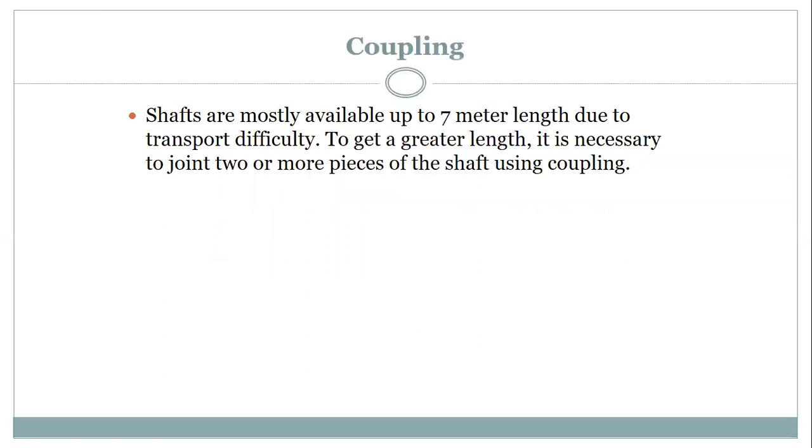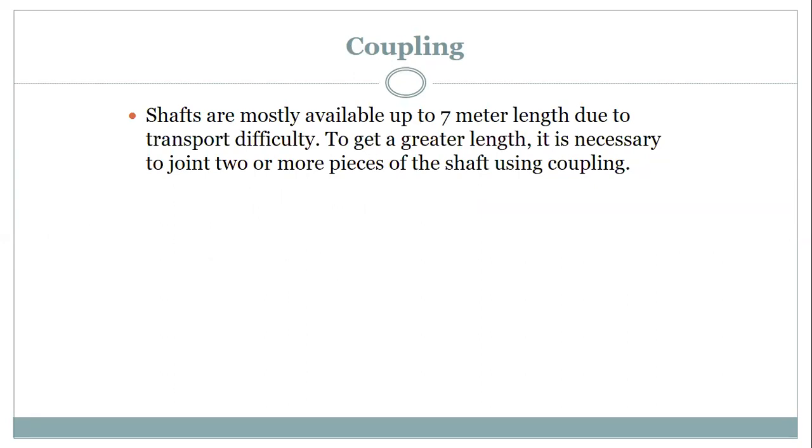Shafts are mostly available up to 7-meter length due to transport difficulty, right? So if more than 7-meter length shafts are there, then you cannot transport them from one place to another. You can, but it becomes a bit difficult. So to get a greater length, it is necessary to join two or more pieces of shafts using a coupling.